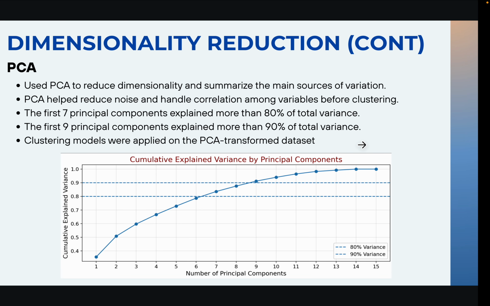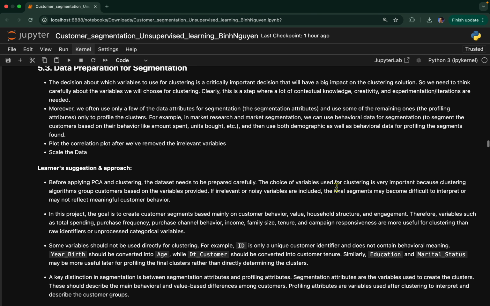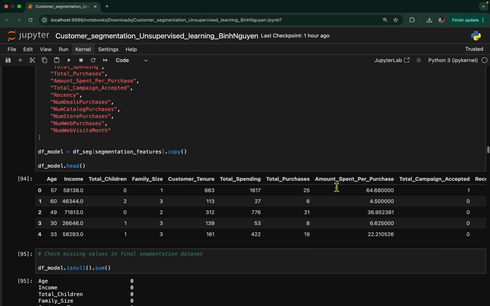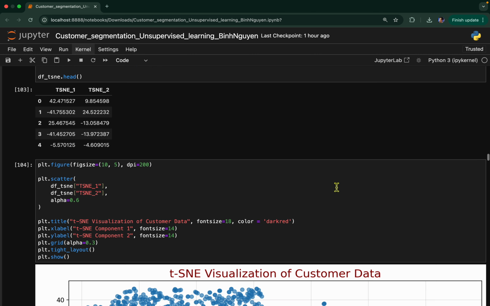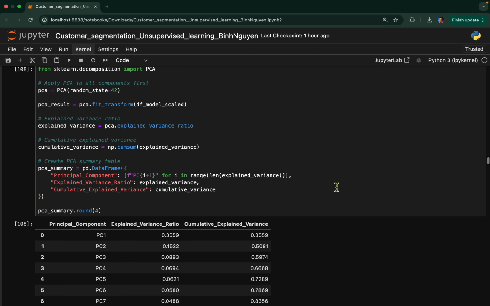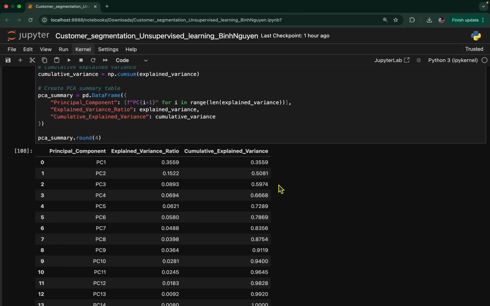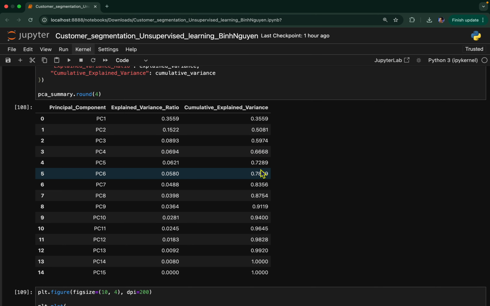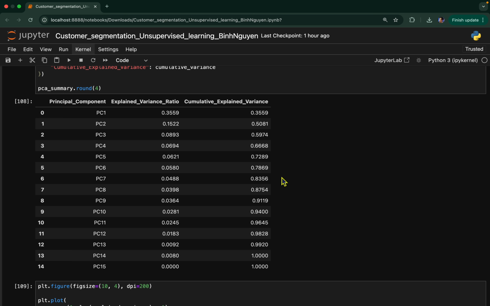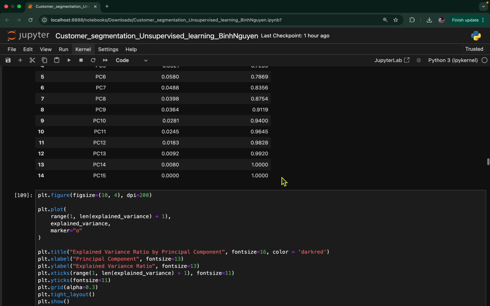Okay, so you can refer to my notebook to see more detailed information from PCA, the numerical detail for PCA, not only the graphs.